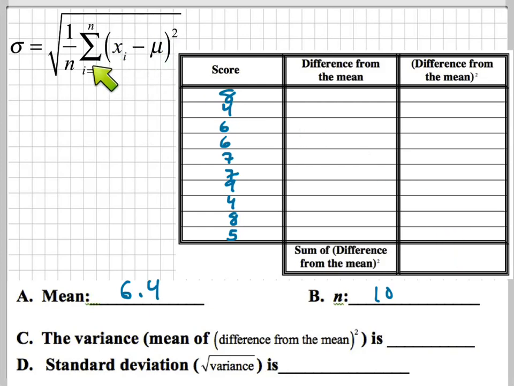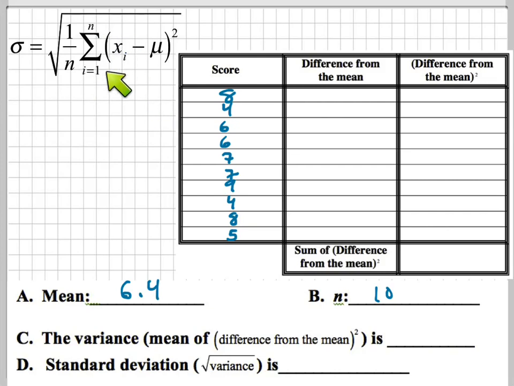Now, what about this sigma right here? This sigma is a Greek letter. We use it to represent summation notation. What that means is we're going to add all of these together. We start at the first x, see this x of i? We start at x of 1, and then we keep going. The n up here is 10.